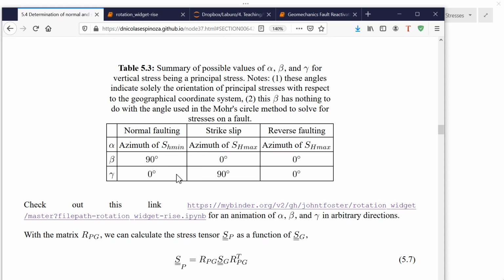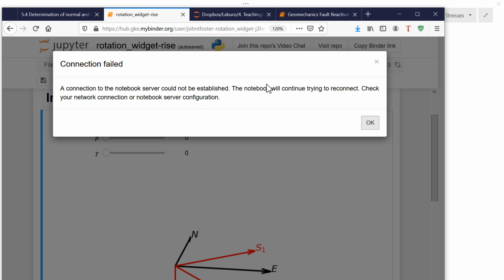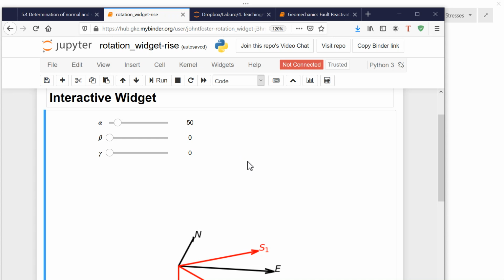And alpha, beta, and gamma are associated with the azimuth of direction of the horizontal stresses and take either values for beta and gamma of 0 or 90. If you want to see what alpha, beta, and gamma are, I recommend that you check this animation over here.